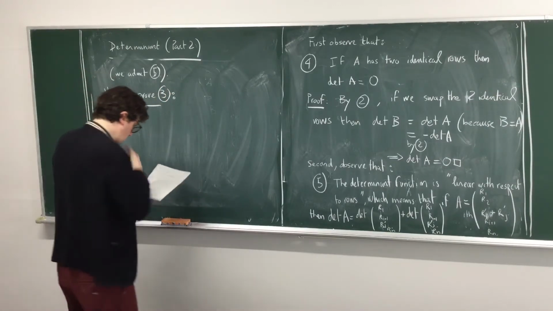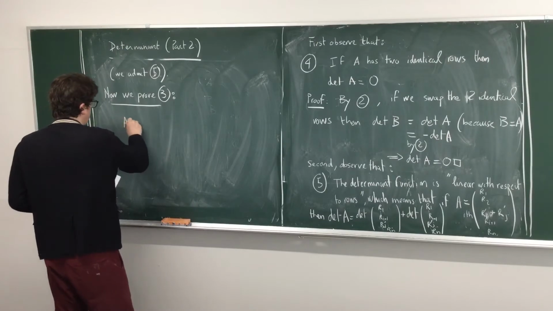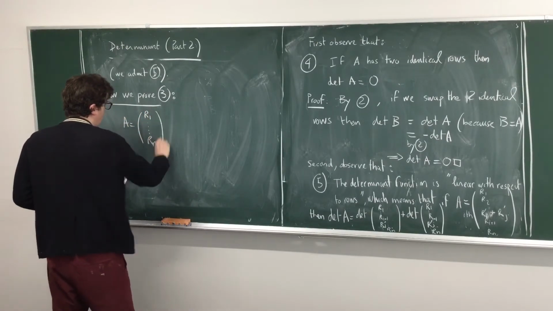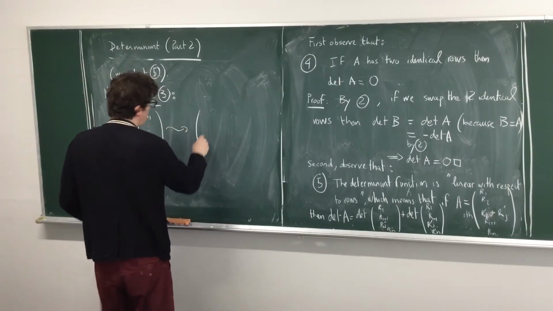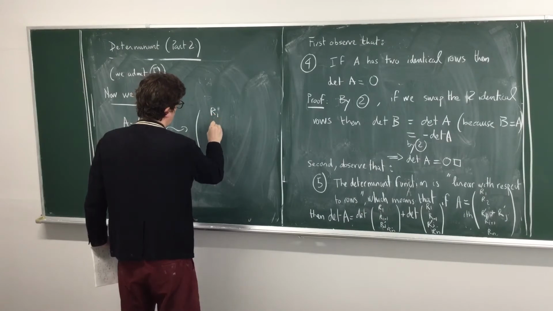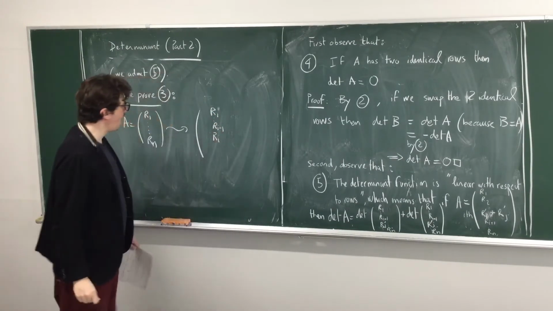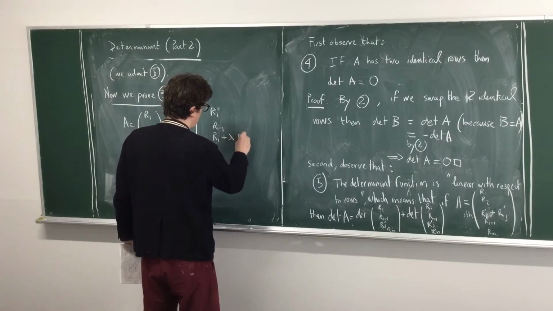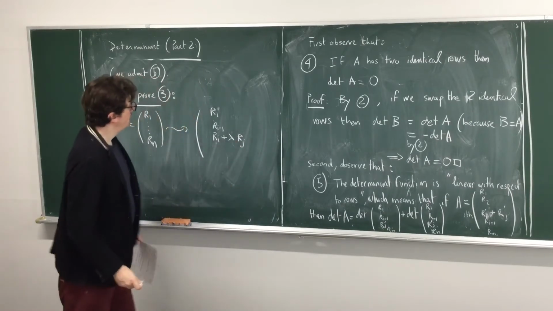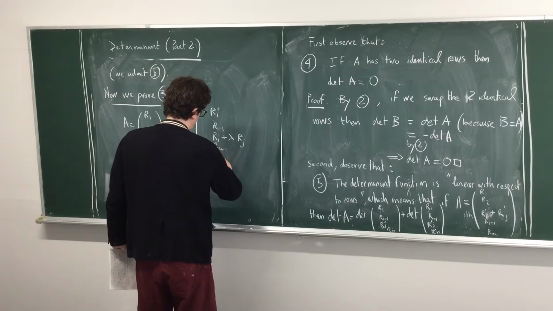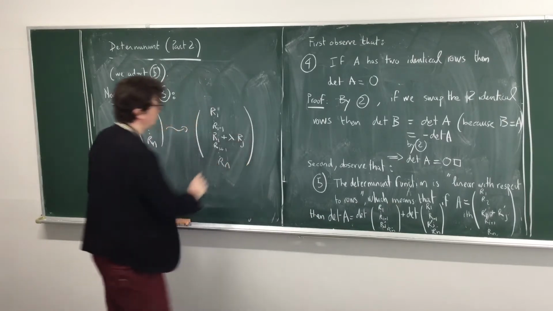Okay, so let's see. I'm starting from a matrix with row 1, row n, and then my transformation is that I will get a matrix with row 1, row i minus 1, and when I arrive to row i, I will do row i plus lambda times row j, right? And then next I will have row i plus 1, and finally row n. Okay?